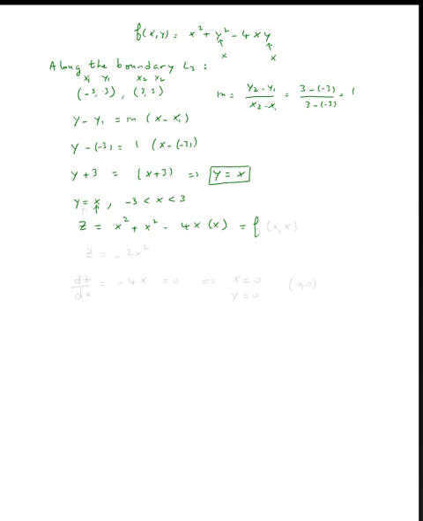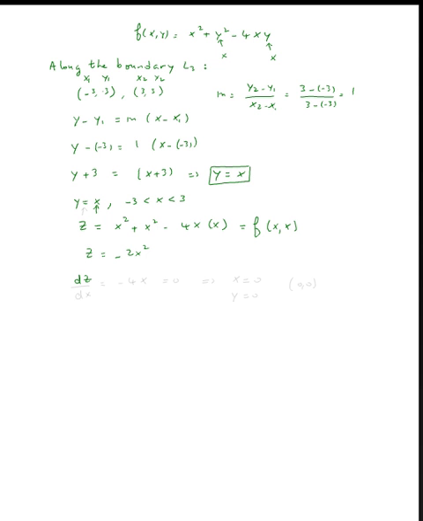This is, by the way, f of x stays and the other x become f of x, x. So z will be equal 2x squared minus 4x squared, which is negative 2x squared.